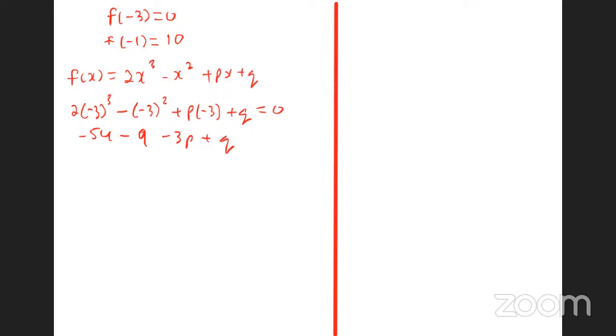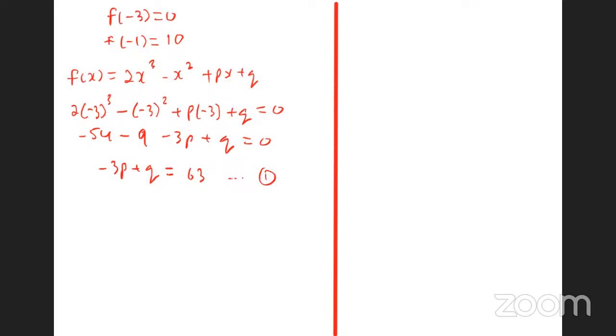So I got minus 3p plus q is equal to, what's that, 63? Anybody got that? 63, yeah. That's equation 1.